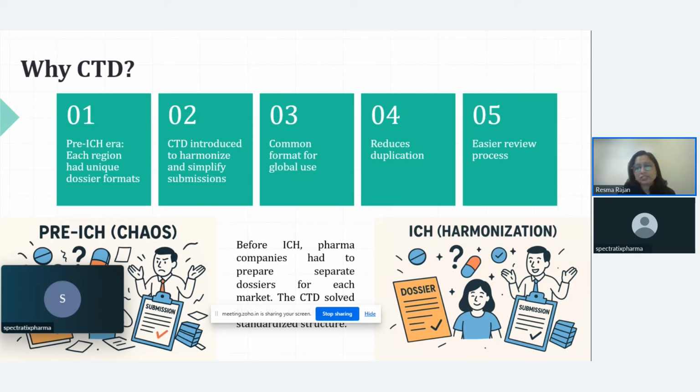In ICH, there are 4 different guideline categories: safety, efficacy, quality, and multidisciplinary. Out of the multidisciplinary guideline set, ICH M4 is the guideline which we follow for the CTD preparation.